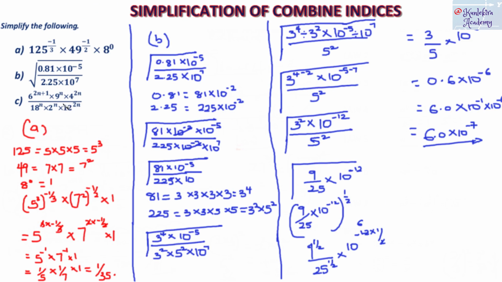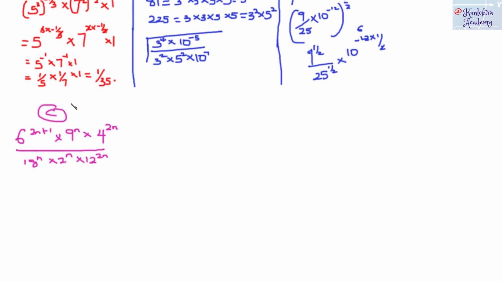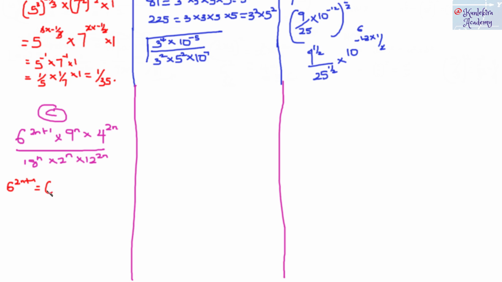Now, how do we go about it? You can just straightforwardly find the factors first. 6 raised to the power 2n plus 1 will also give us 6 raised to the power 2n times 6 raised to the power 1.